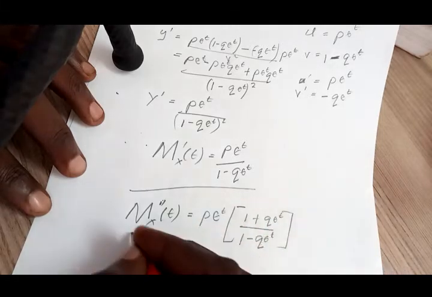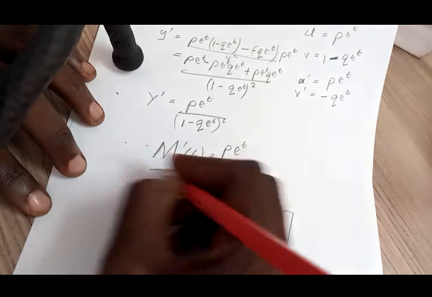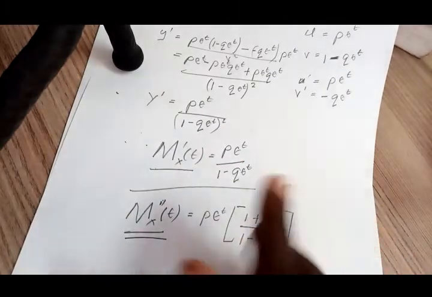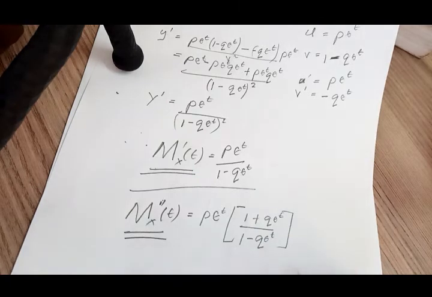So this is the second moment. So we have the first moment and we have the second moment. With these two values, we should be able to find our mean and our variance.